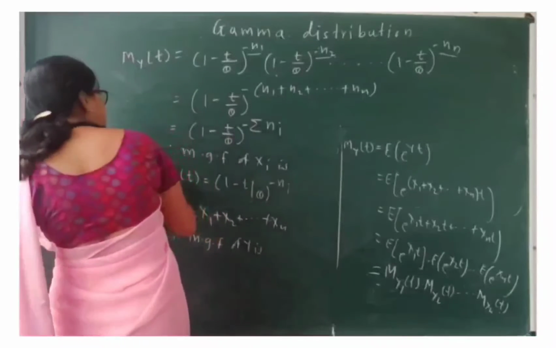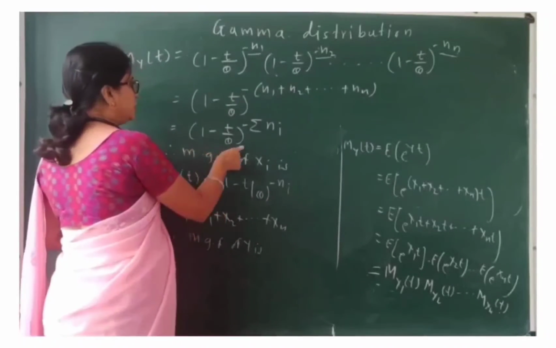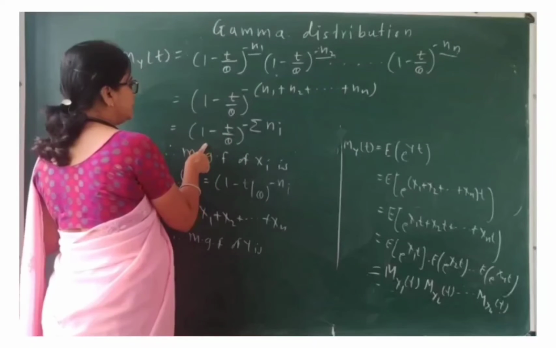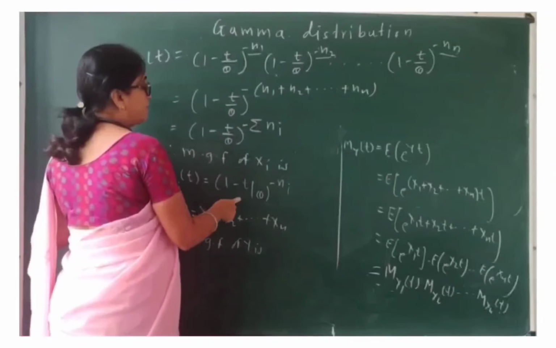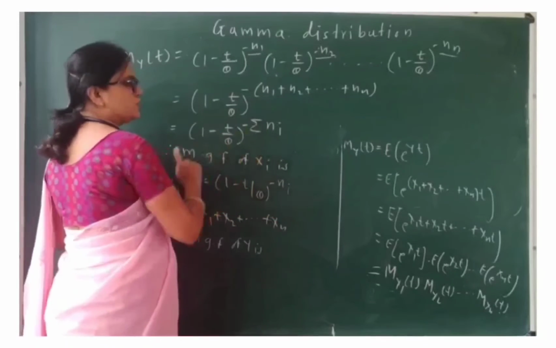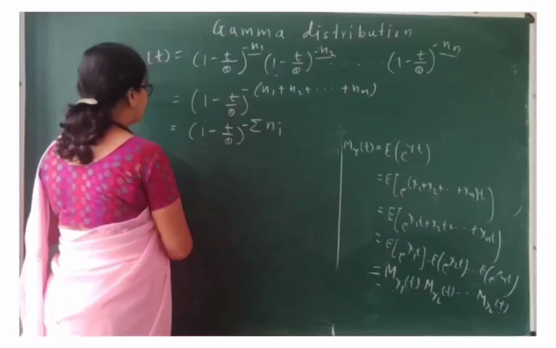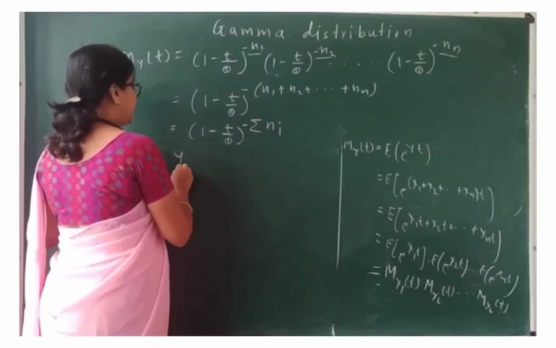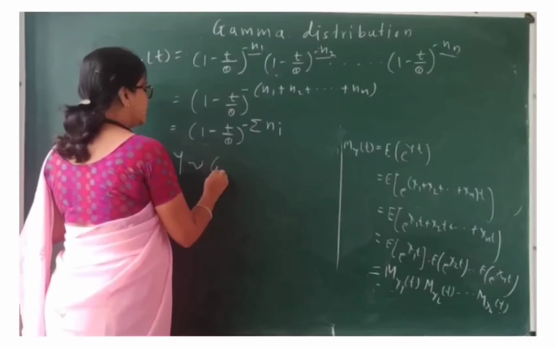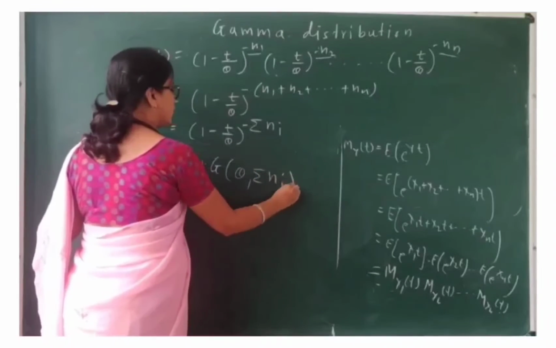So if you observe these two MGFs, this term is the same, 1 minus t by theta. Only the difference is that instead of ni, I have the summation of ni. So by using the uniqueness property of MGF, we say that Y follows a gamma distribution with parameter theta comma summation of ni.